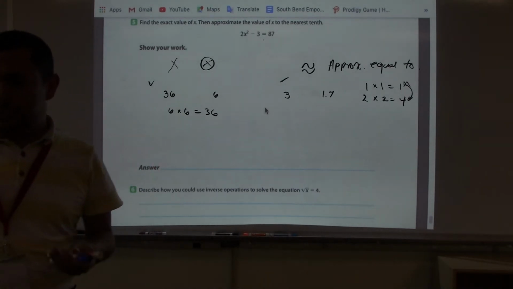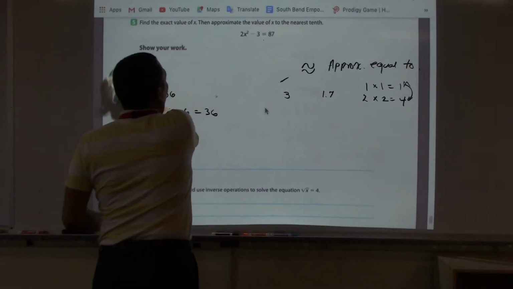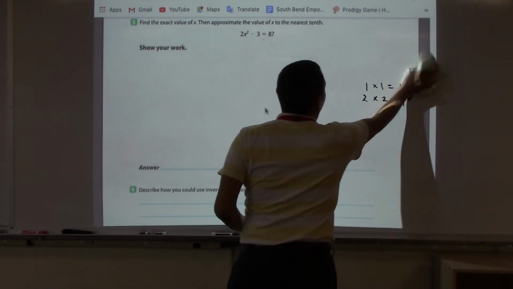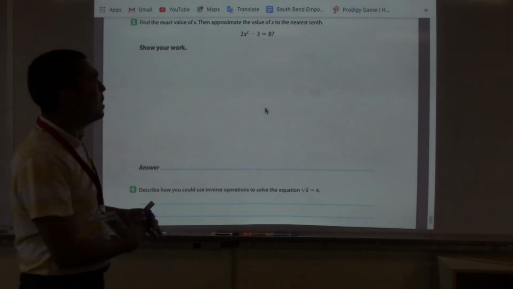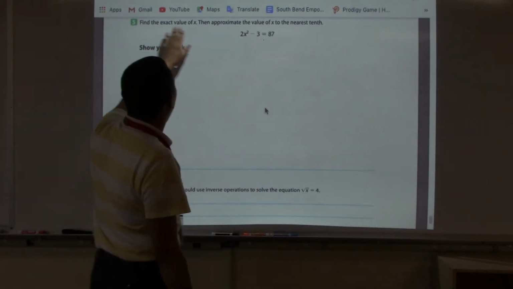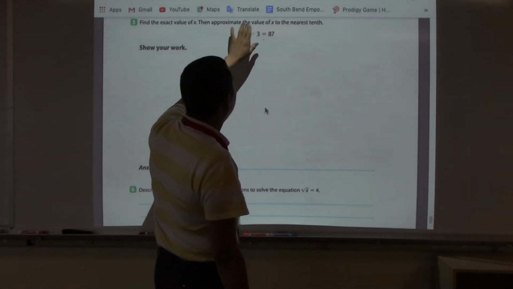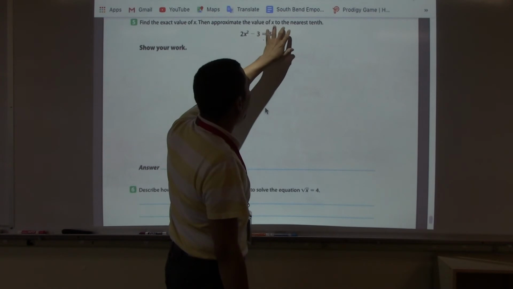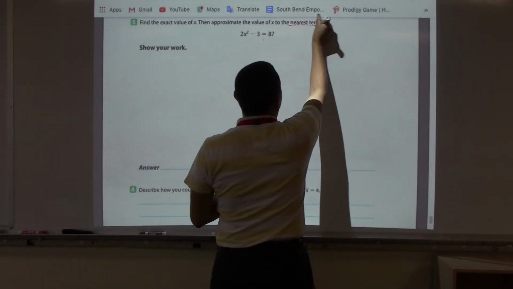This is an equation that I solved in Algebra 1. It's an Algebra 1 equation. So we need to go slow and find the exact value of x, then approximate the value of x to the nearest 10th.